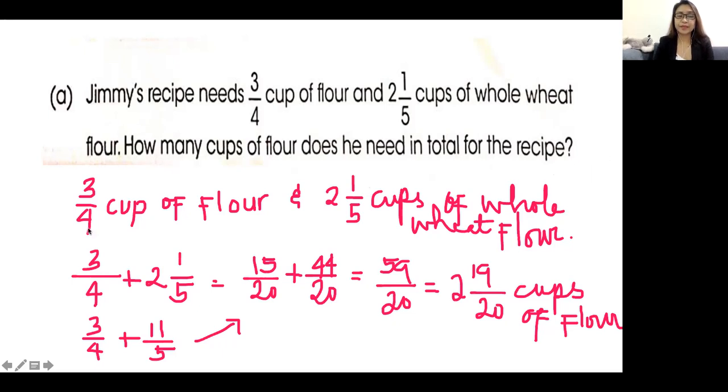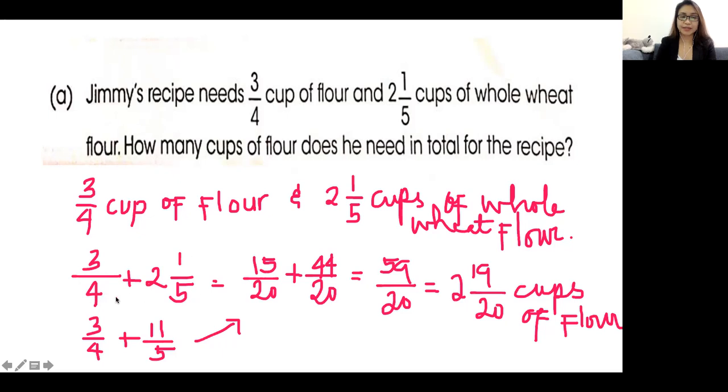All right. Now, what are we going to do? Okay. It says here how many cups of flour does he need in total. So we have to add. All right. So we add 3/4 plus 2 1/5. Okay, that is equal to, right? You can do this. 3/4 and 2 1/5.